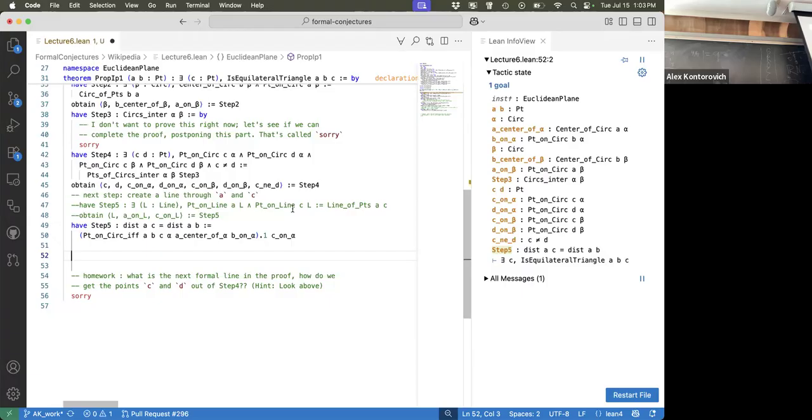Well, first let's figure out what we want to do. Let me figure out Yeah, we want to go to the next step.